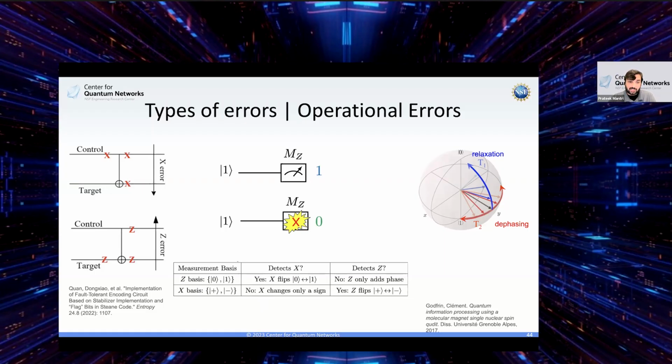The opposite is true for the X basis measurements, where the X errors do not really cause any problem, but the Z errors flip the sign from plus to minus. And we talked a bit about these memory errors with the T2 and the T1 time changing where the state resides on the Bloch sphere or inside it.